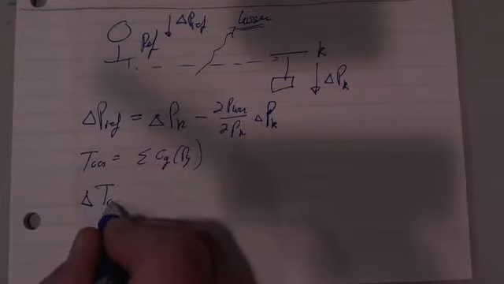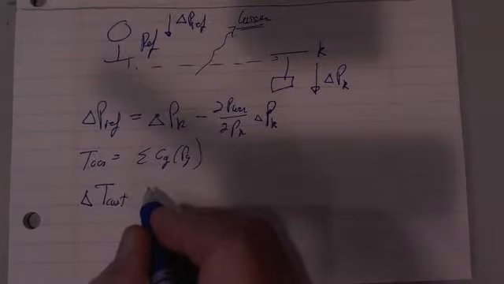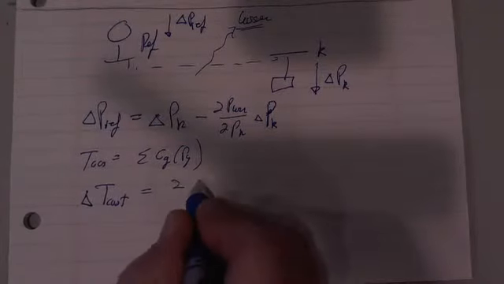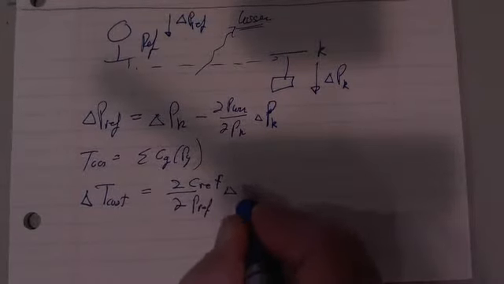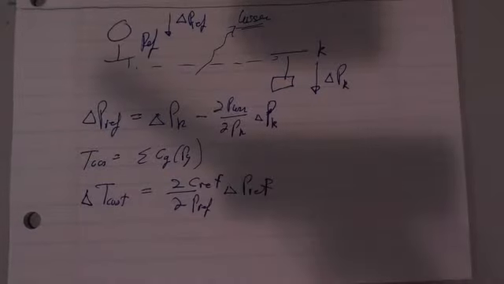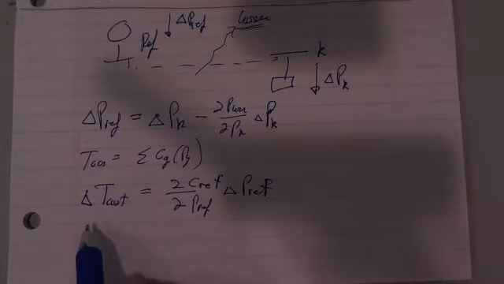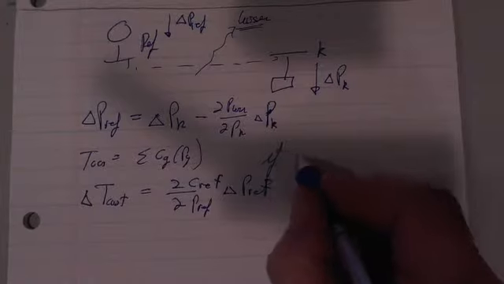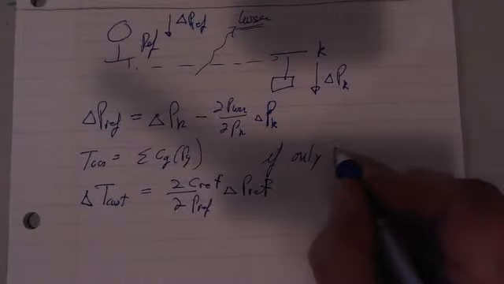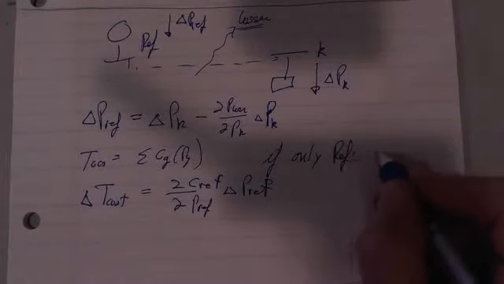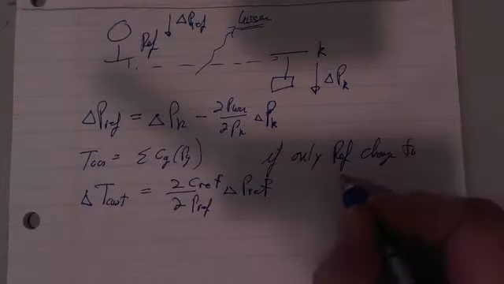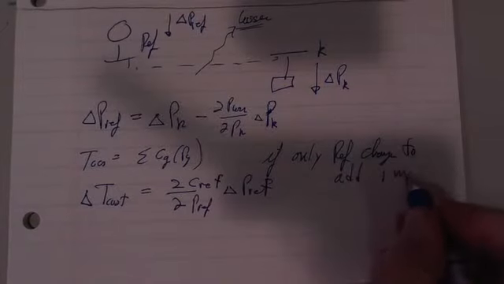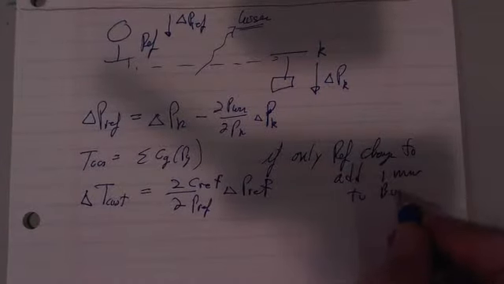Delta T cost is then dC ref for the reference bus, dP ref, delta P ref. So that's the change in cost if only the reference bus changes to add 1 megawatt to bus K.